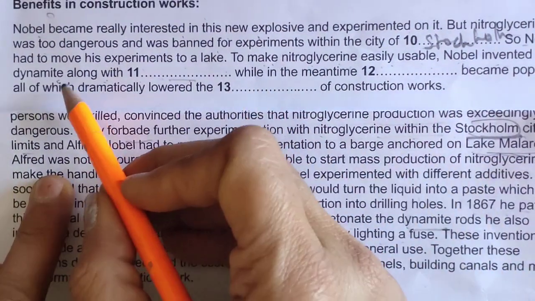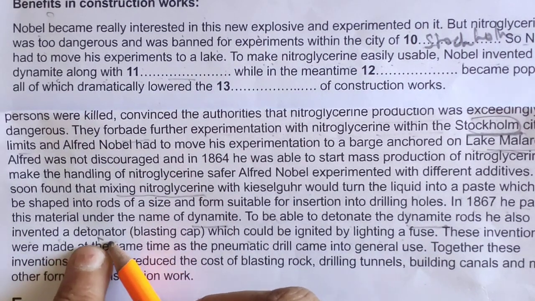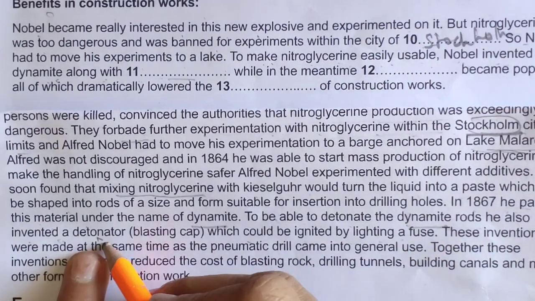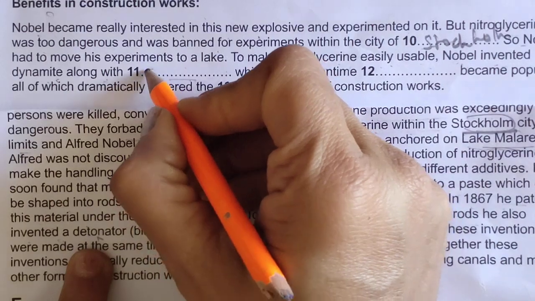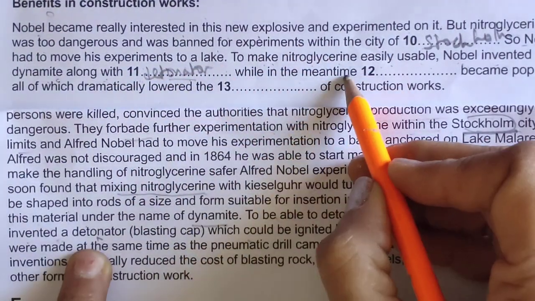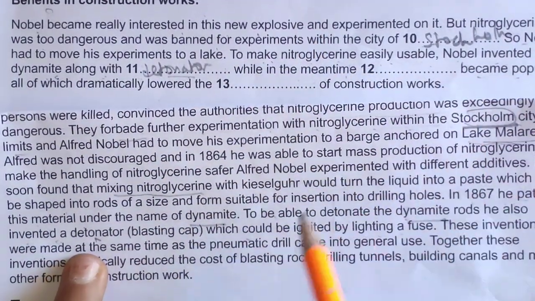Nobel invented dynamite along with the name dynamite. So rods, he also invented this, we can use this word detonator, nothing else I can match here. While in the meantime, became popular. Okay, while in the meantime, what it became.